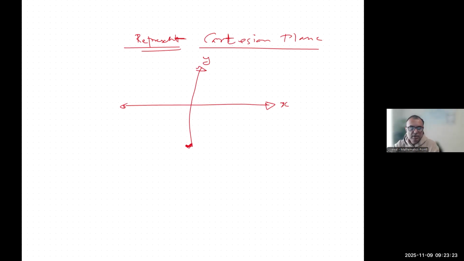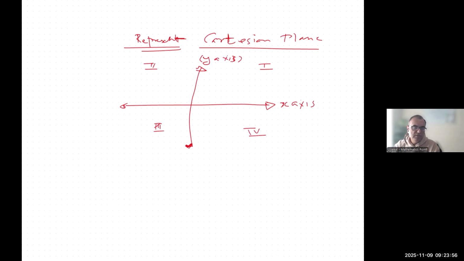Now in this world, it's called x axis, correct? And this is called y axis. Now, this world of Cartesian plane is divided into 4 regions. I call it region 1, region 2, region 3, and region 4.